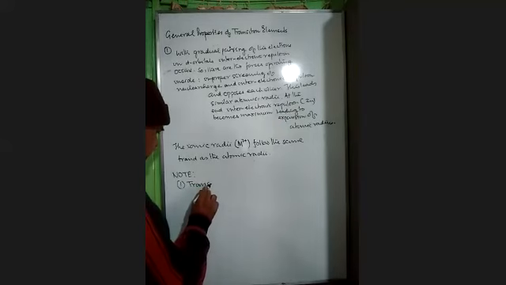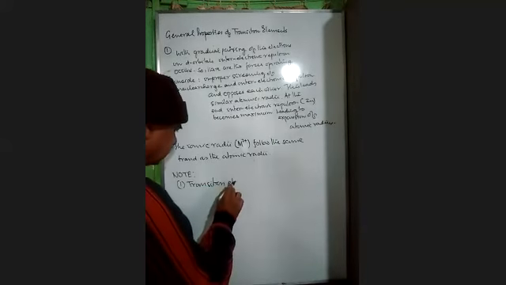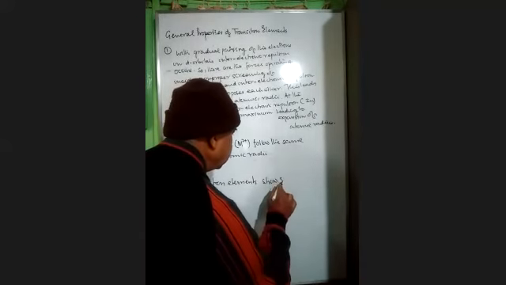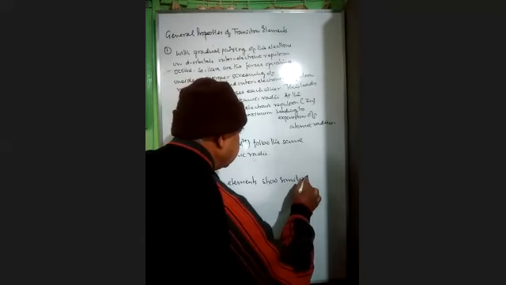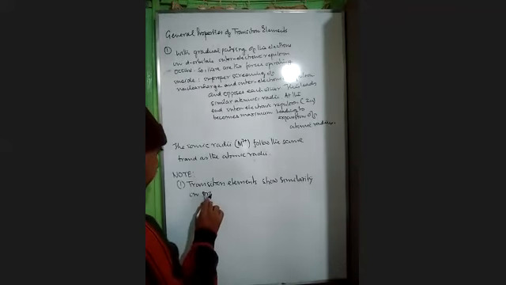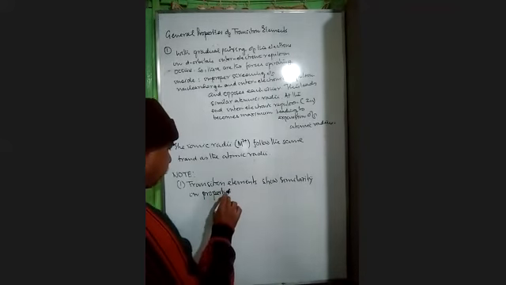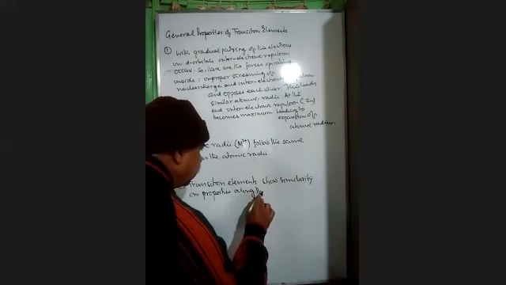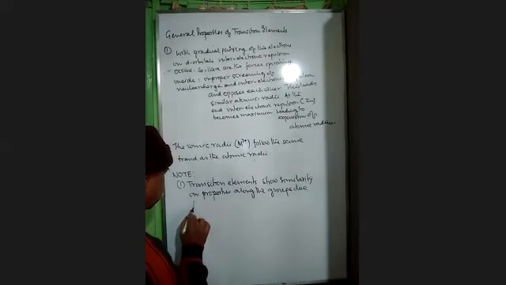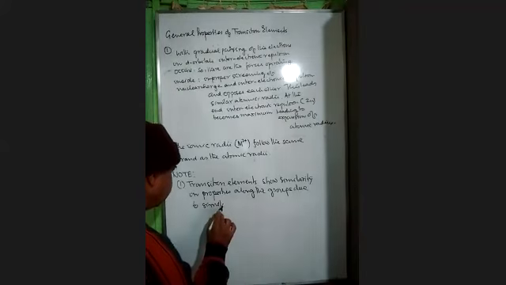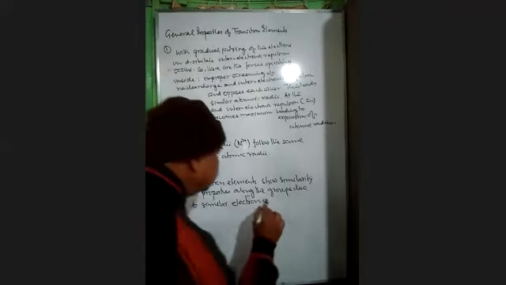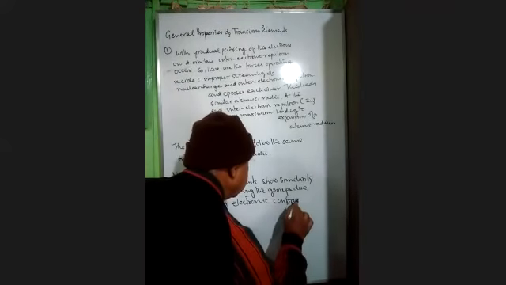Transition elements show similarity in property along the groups due to similar electronic configuration.